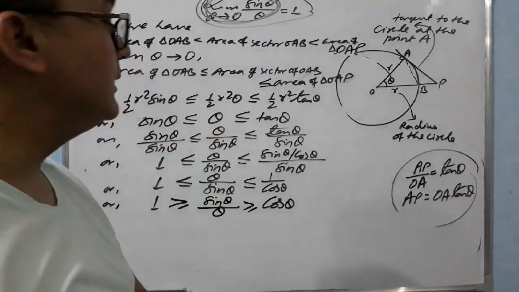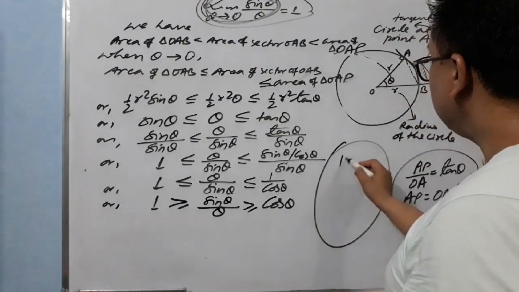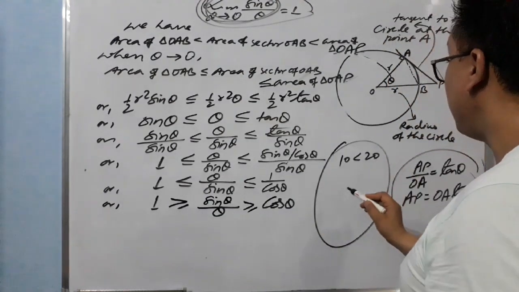Let me explain with a very simple example. Here, 10 is less than 20, there is no problem, right?